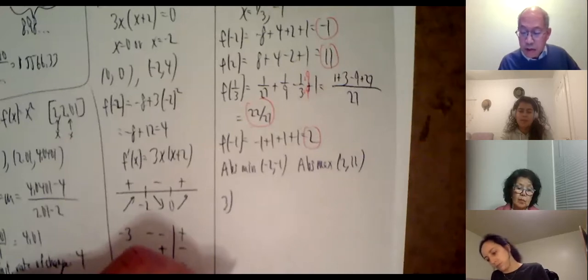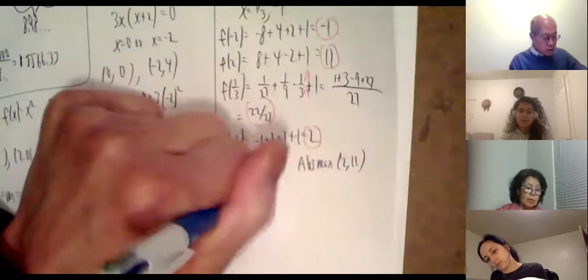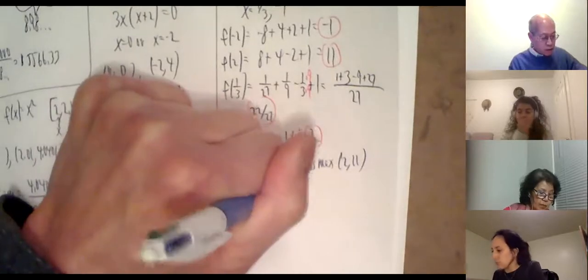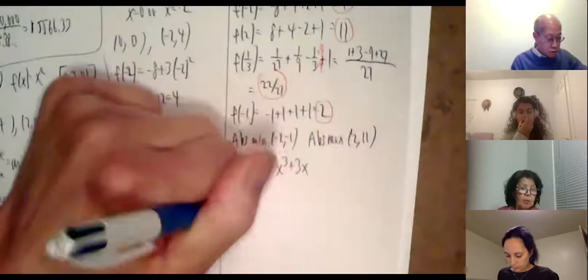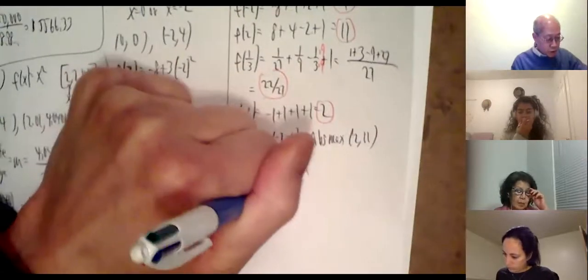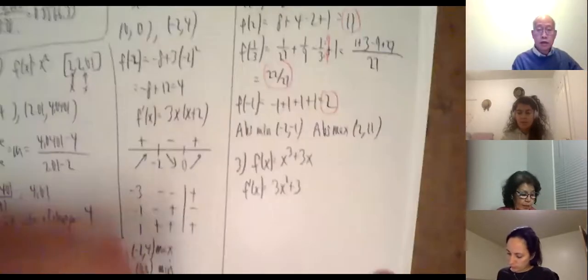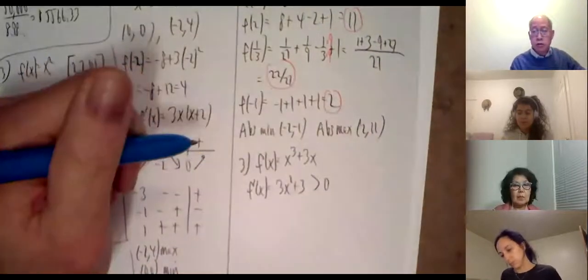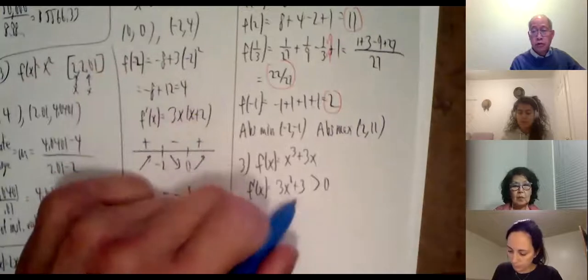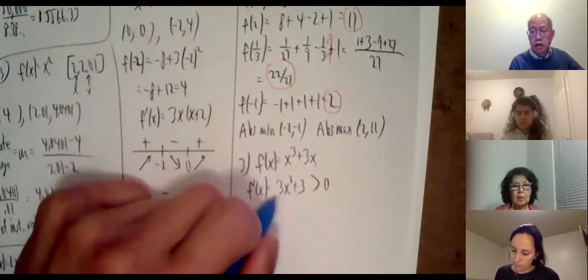Number 3, find maximum, minimum, points of inflection. f of x equals x cubed plus 3x. Okay, so f prime of x is 3x squared plus 3. And I noticed that's always greater than 0, right? There's no way this is going to be 0. There's no way it's going to be negative.